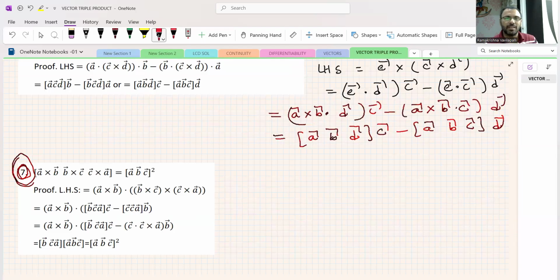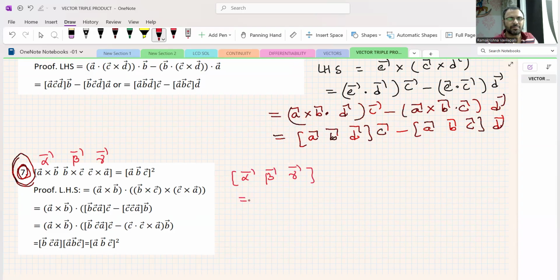So assume that these are alpha bar, beta bar and gamma bar vectors. What is box of alpha bar, beta bar, gamma bar? Even though I have given the proof there, I would like to explain on my own.